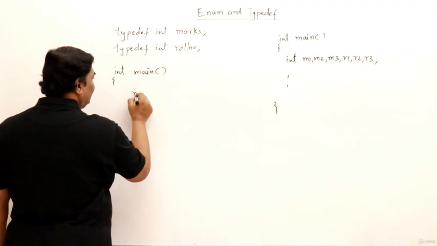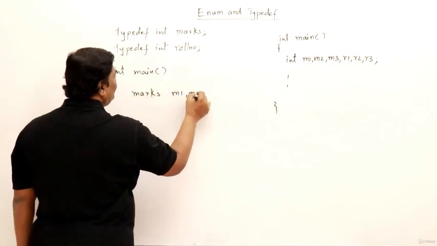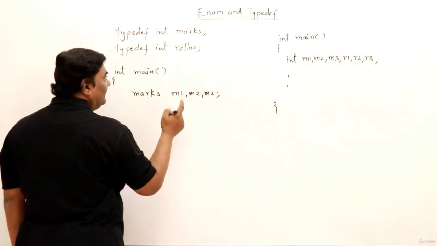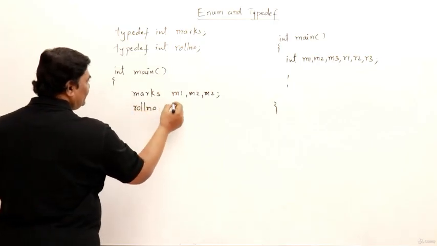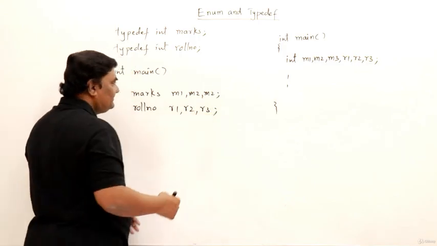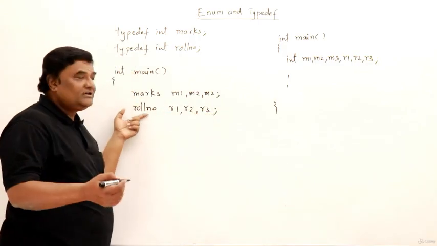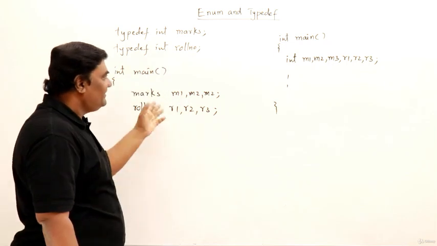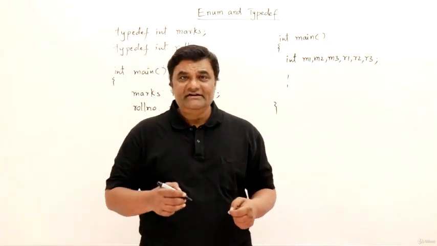M1, M2, M3, I will declare them of type marks. Then R1, R2, R3 are of type roll number. These are the roll numbers. Now what is roll number? Integer type. So this is also useful for defining user-defined data types.